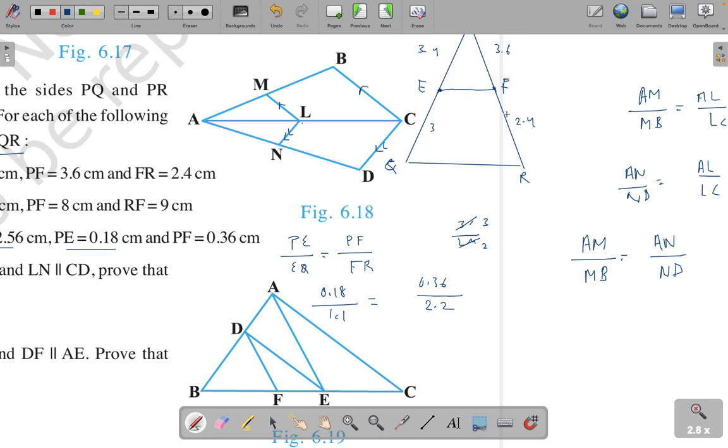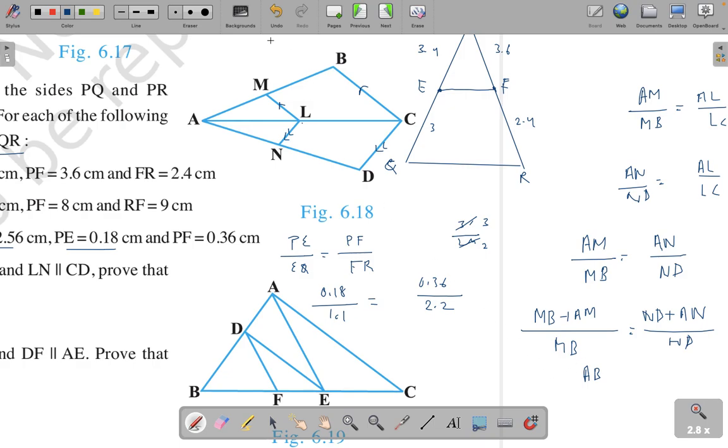Yeah, very good. So you have to flip this because you don't want this, you want this. Whatever you don't want, put it in the numerator. So you'll write MB plus AM, because we are adding 1 on both sides, upon MB is equal to ND plus AN upon ND. So you'll get AM plus MB is AB.